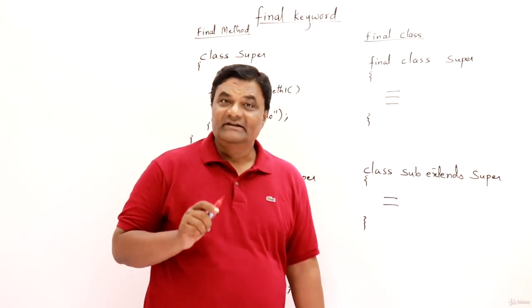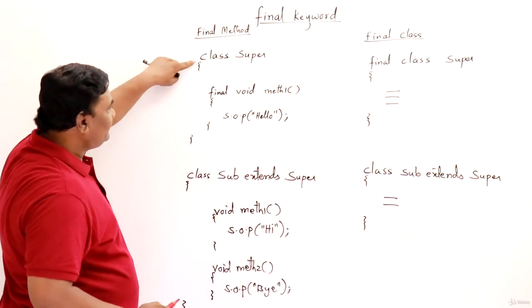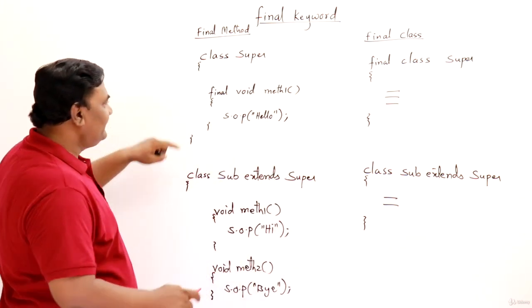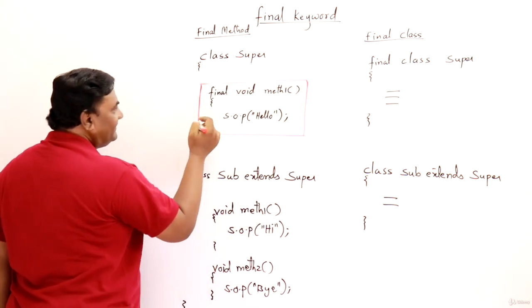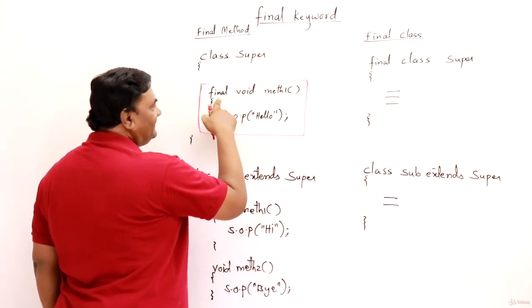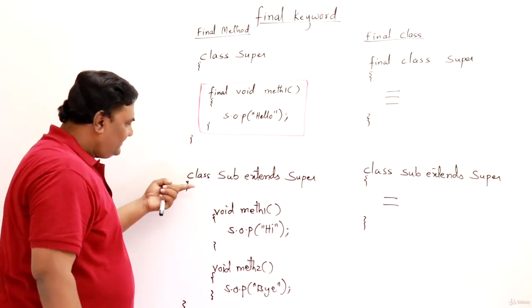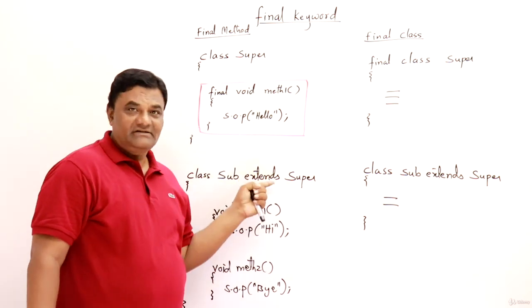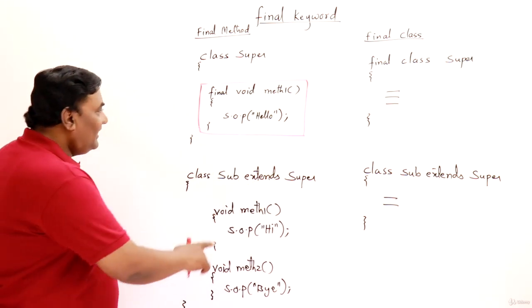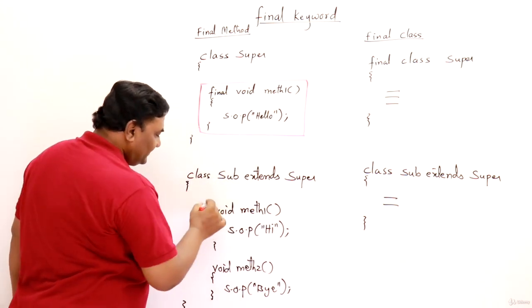Next thing is final method. So here I have an example. I have a class called Super. Inside this, there is one method, and I have declared it as final. Void method1, declared as final, and it is just printing hello. Then I have another class, a subclass, that is extending the superclass. And here, if you observe, I am overriding the same method, void method1.